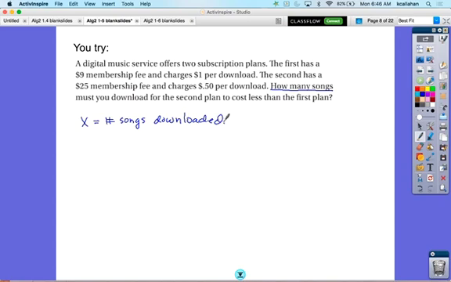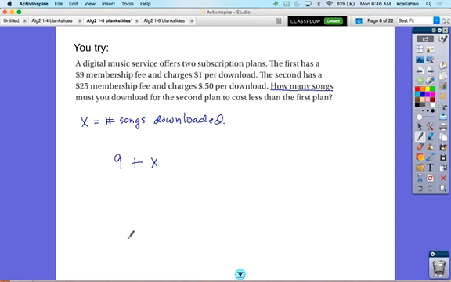Okay, now let's make our expressions for each one, for each of the 2 plans. The first plan has a $9 membership fee. That means this is the part that doesn't change. And it charges $1 per download, so 1x, so just x.